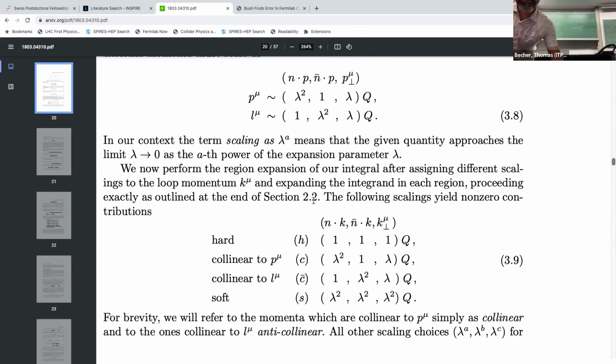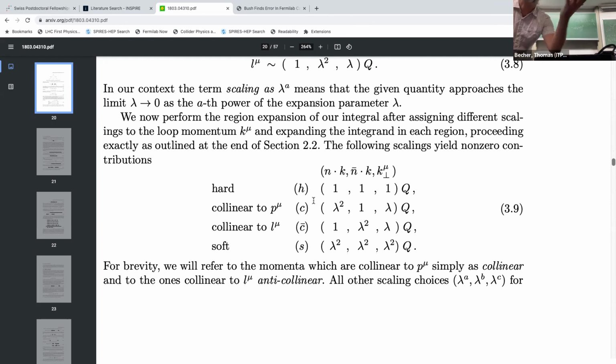And so then what one has to think about is what regions can contribute. One finds the loop momentum can be hard, of course, all components large, or it can scale like the particle that comes from the left, or it can scale like the particle from the right, or all components can be small. This is called soft here.